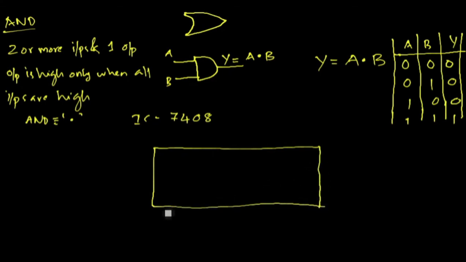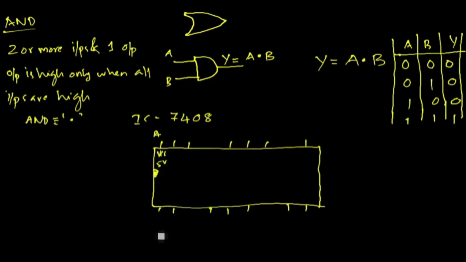If we consider the pin diagram, you can see 14 pins: 1, 2, 3, 4, 5, 6, 7, 8, 9, 10, 11, 12, 13, 14. Pin number 14 is actually VCC, that is 5 volt.